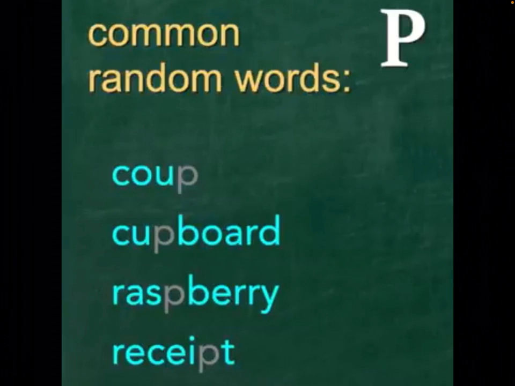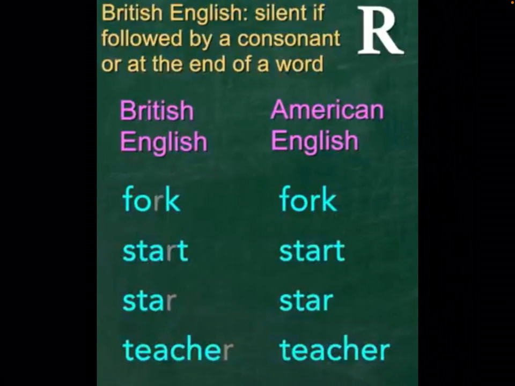Now let's move to the letter R. In standard British English, the letter R is silent if it's followed by a consonant or if it's at the end of a word. For example, in British English, they say folk, start, star, and teacher. Okay, this is in British English.